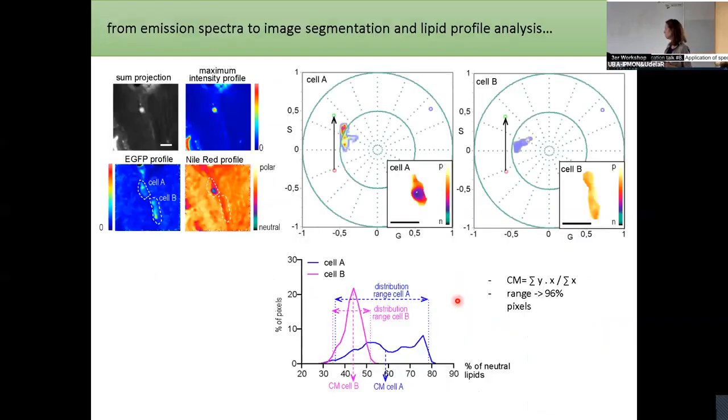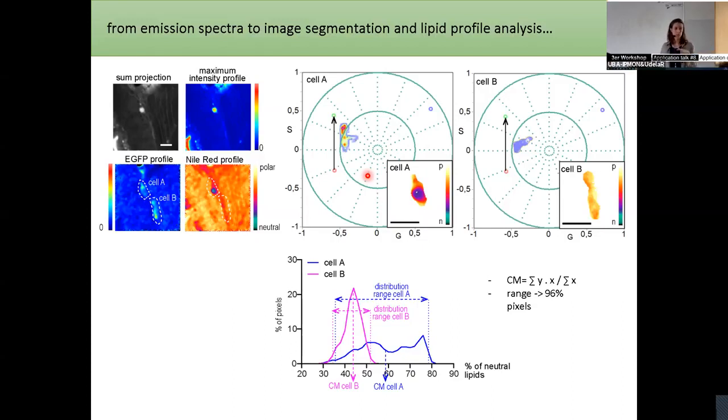So now we turn to analyze larva from the fish line stained with Nile Red. Here are some images. And one of the things that this allowed us was to segment the cells that express EGFP.